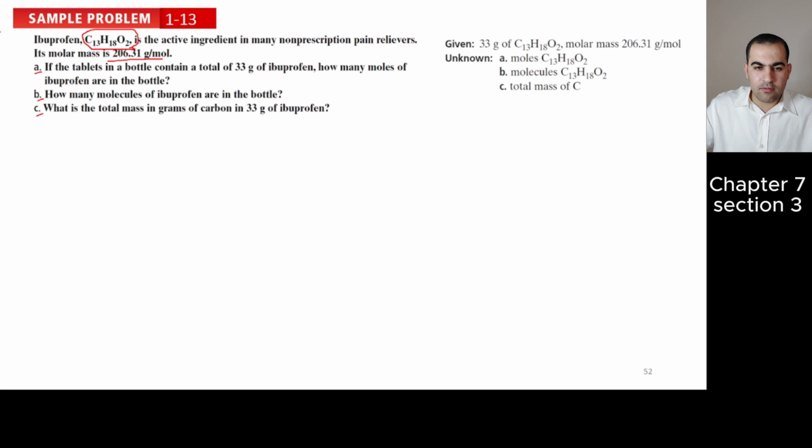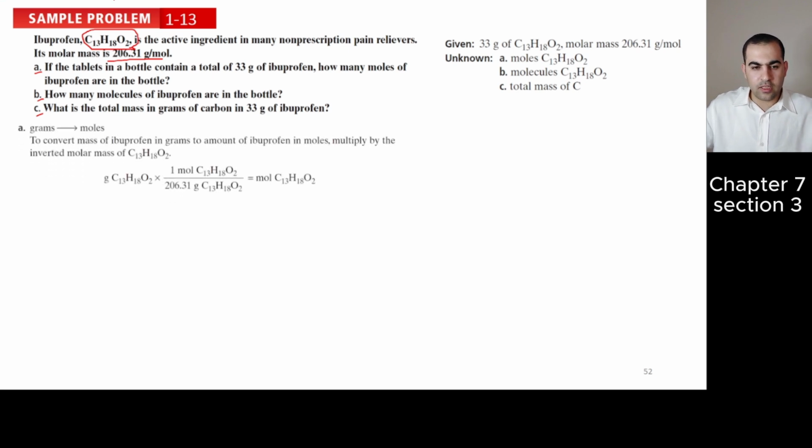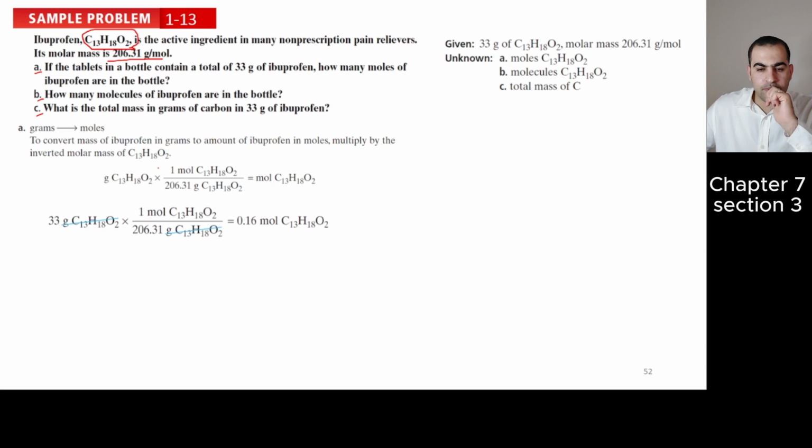What's the molar mass? Molar mass is given. So look. It tells you that to convert ibuprofen mass to moles, divide by the molar mass. So mole equals mass divided by the molar mass.